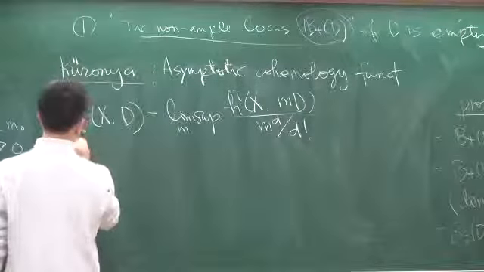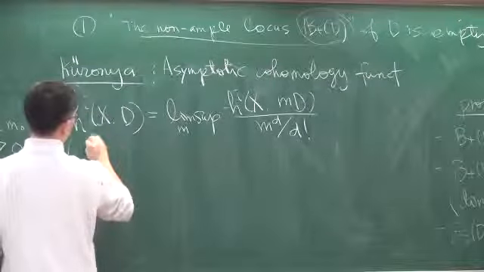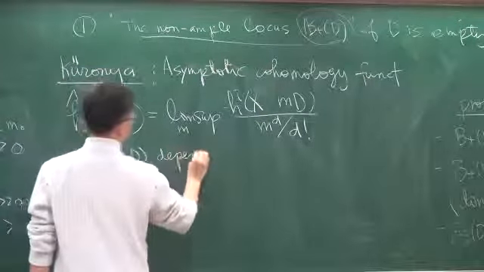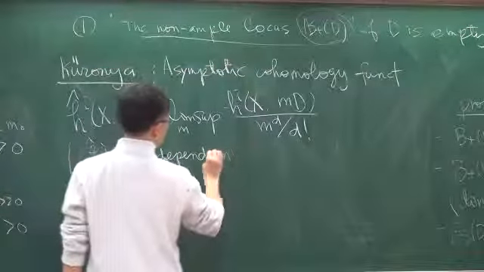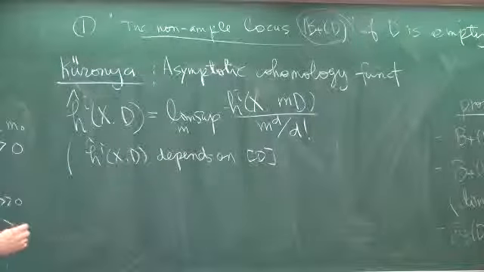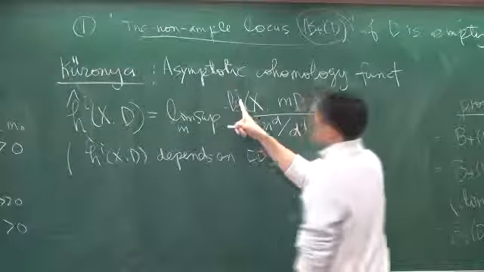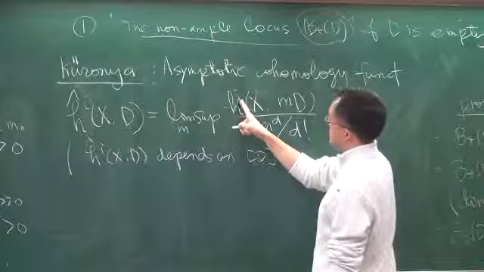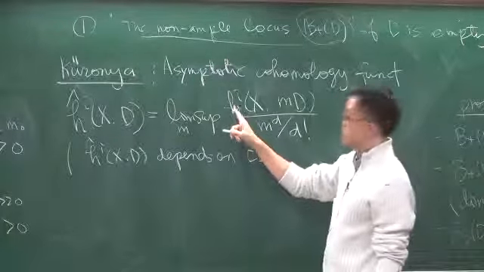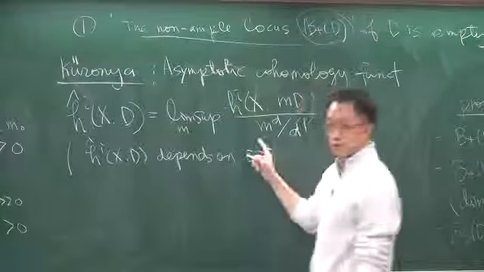And he discovered that h hat^i(X, D) only depends on the numerical class. If you put i equal to 0 here, it may be familiar. It's just the volume function. So this is a generalization of the volume function.